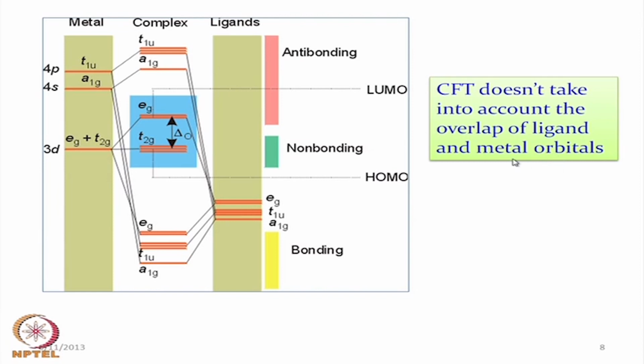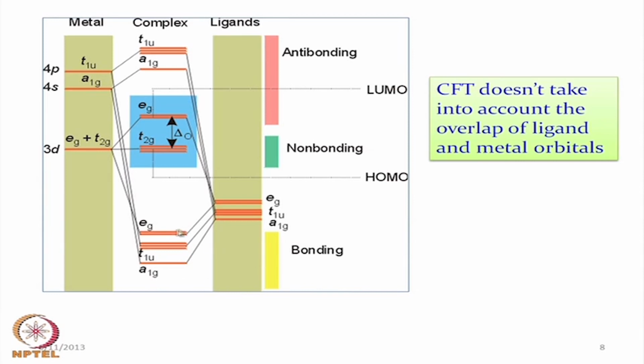This is the principal drawback of this theory, where we are not talking in terms of the overlap of the ligand and metal, but this is not the most realistic picture, because we should have the metal and the ligand overlap, and the ligand orbitals, particularly these 6 orbitals from the ligand side, which function as bonding orbitals.